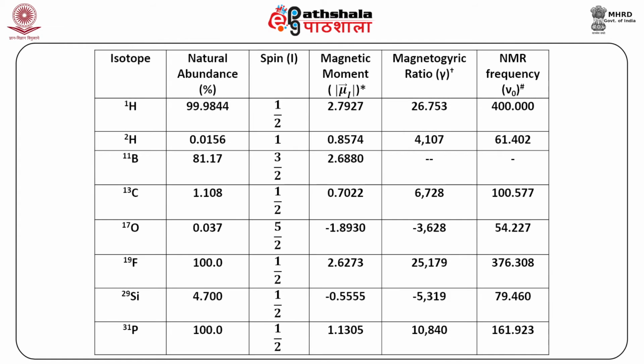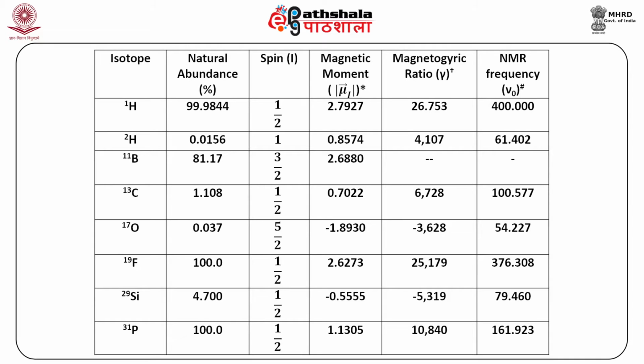Now, we have listed the characteristic properties of some nuclei. You will see that the proton has the maximum natural abundance, 99.9844, and its isotope deuterium is only present to the extent of 0.0156. The spins are different. The nuclear spin of the proton is half and that of deuterium is 1. The magnetic moment is different and the magnetogyric ratio is different.